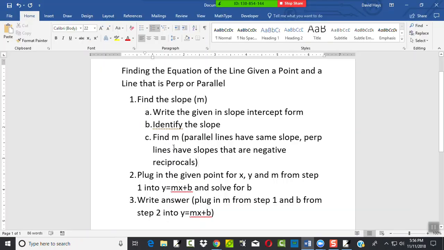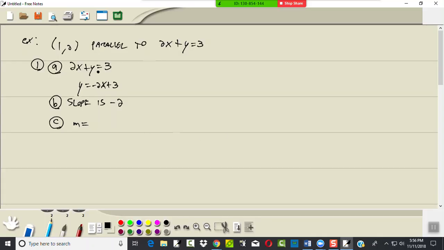And then, third substep, parallel lines have the same slope. We said it's parallel to this line, and the slope of that line is negative 2. Parallel lines have the same slope, so m will be negative 2. At that point, step 2 and step 3 are the same.